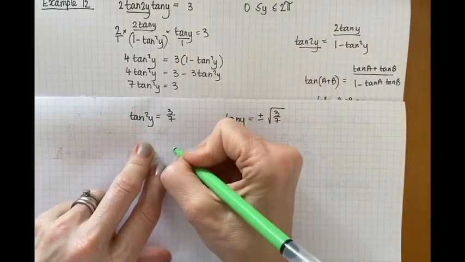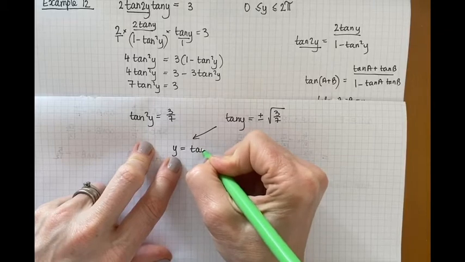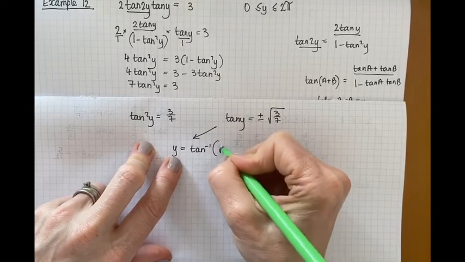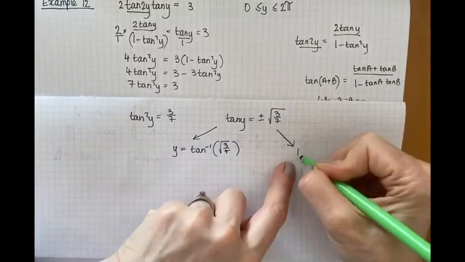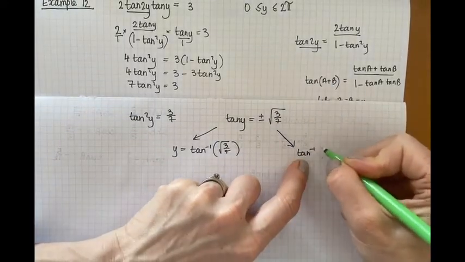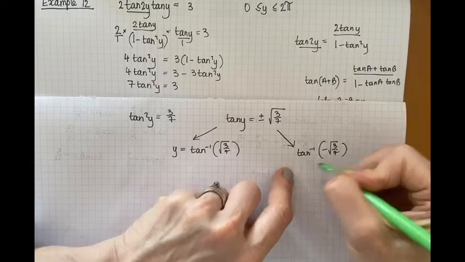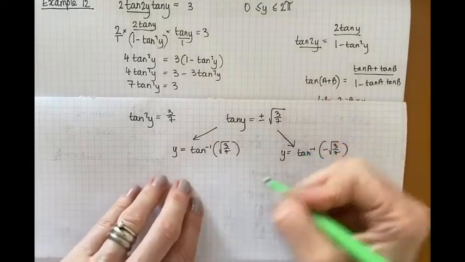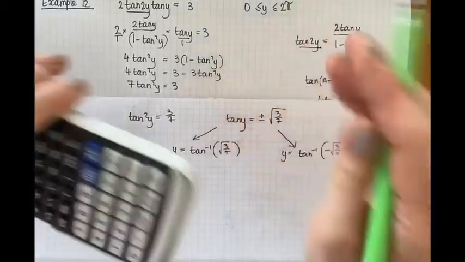So we need to solve two equations. Y is equal to tan inverse of root 3 over 7 and tan inverse of minus root 3 over 7. So the two possibilities. We are solving in radians between 0 and 2 pi.